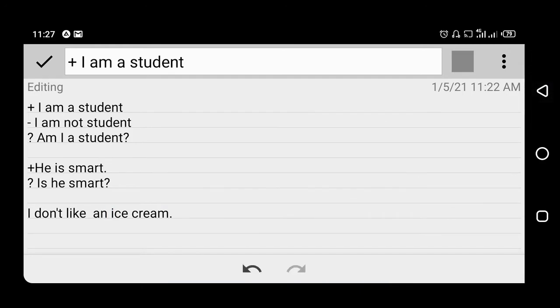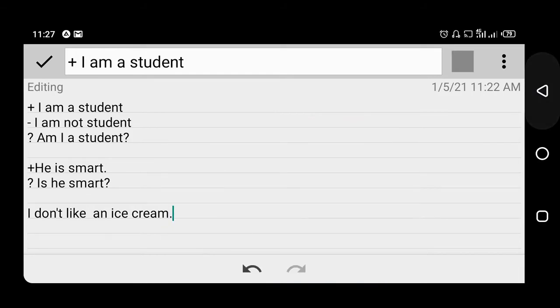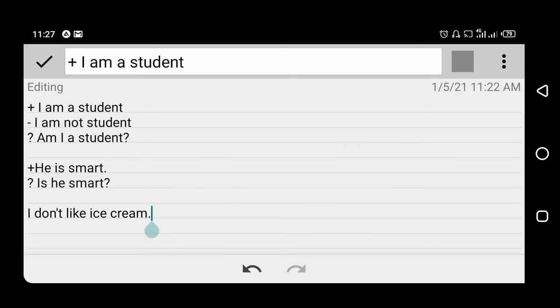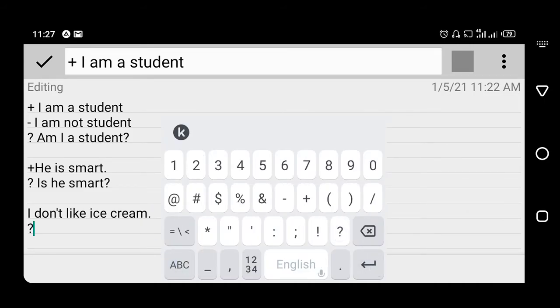Okay. I think I will erase this first karena kalian belum belajar juga kan yang itu. Jadi ini cuma buat contoh aja in here. I don't like ice cream. Just like that. And then bagaimana kita membuat kalimat pertanyaannya in here.